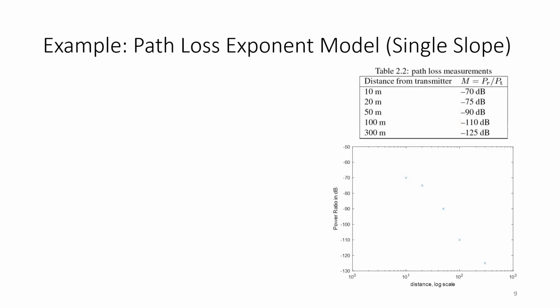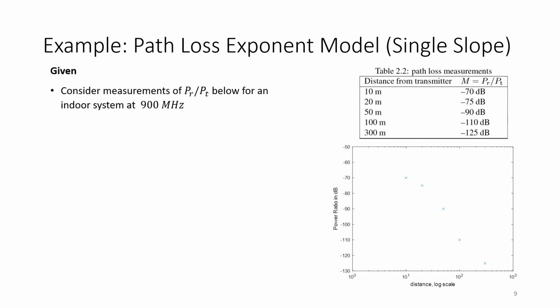Now time for the examples. In this example we're saying the path loss exponent model is single slope. We're given the received measurement relative to the transmitted measurement here, and this is the distance. So what I did in Matlab, I just created a code where I inserted these values, and I can share the code with you in the comment section maybe, and then we just plot these two.